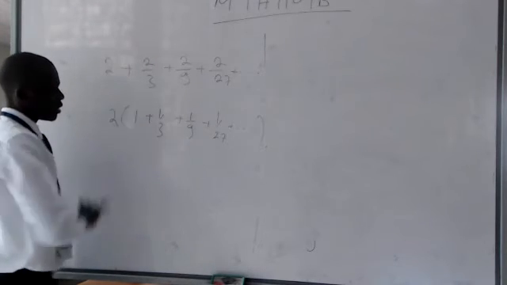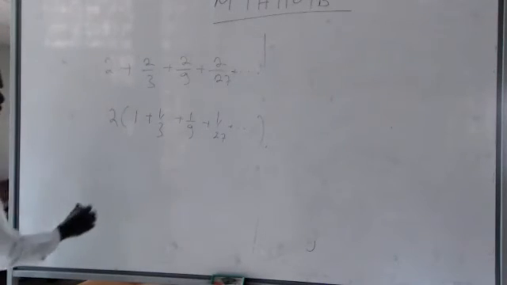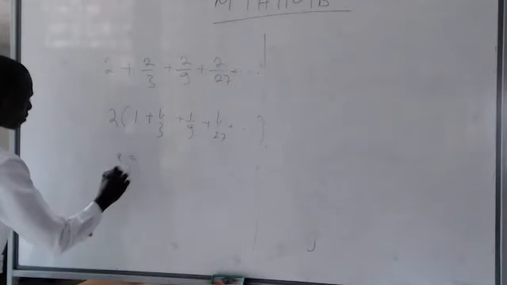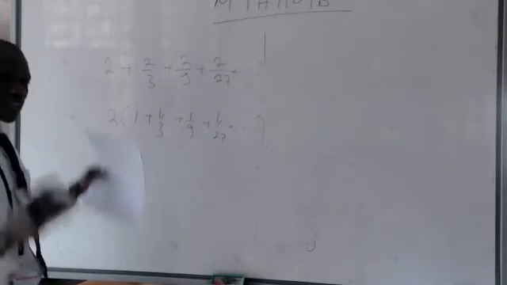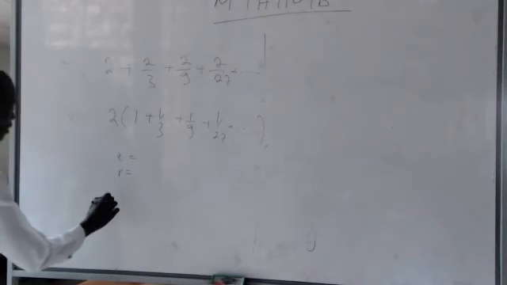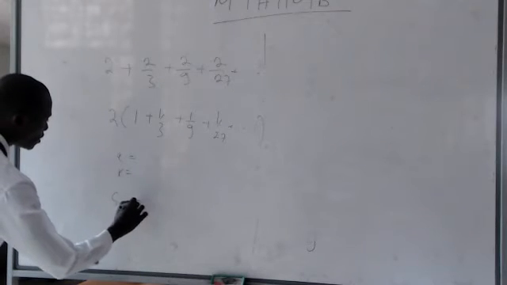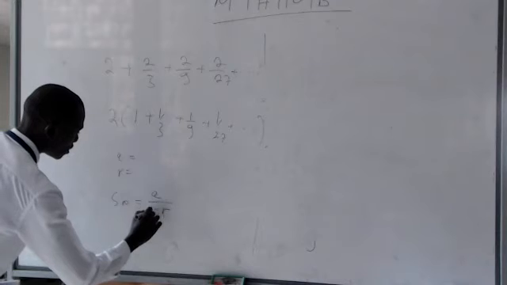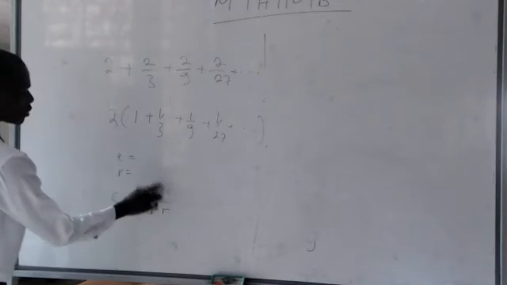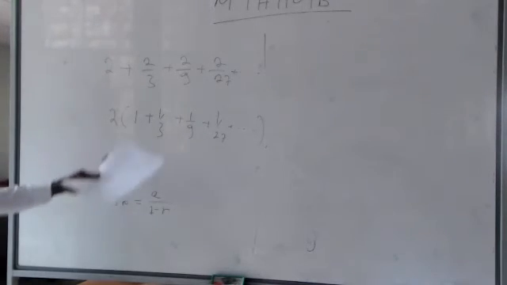Now, for this series, I need the first term and the common ratio. I know that for an infinite geometric series, the sum should be the first term divided by 1 minus the ratio. So these are the two guys which I need. What is the first term in this series that is inside the bracket?